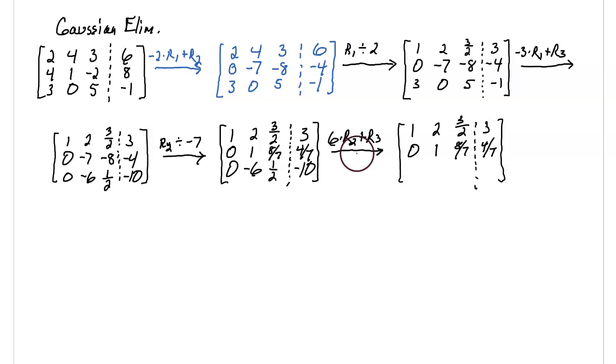When performing this operation, row 1 and row 2 do not change, but row 3 will change. 6 times 0 is 0, and 0 add 0 is still 0. 6 times 1 is 6, 6 add -6 is 0. 6 times 8/7 is 48/7. 48/7 plus 1/2 is 103/14. 6 times 4/7 is 24/7. 24/7 add -10 is -46/7.